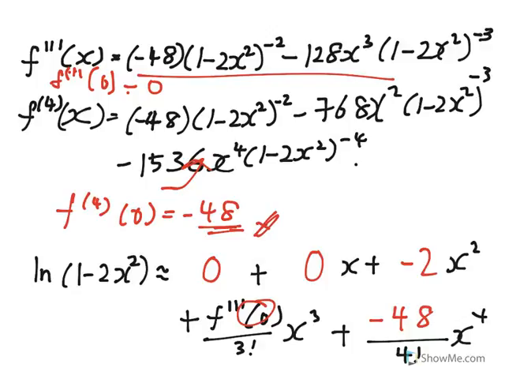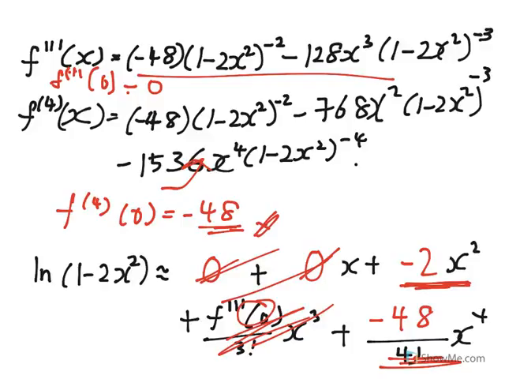Okay, and simplifying everything, you see that everything will disappear. You're just left with the coefficient of x power 2, which is negative 2, and the coefficient of x power 4. Now simplifying this, it is negative 48 over 4 factorial, and 4 factorial is 24. So negative 48 over 24 will just give you negative 2.